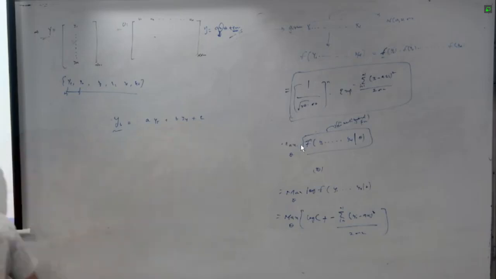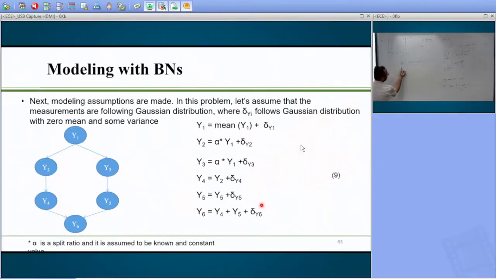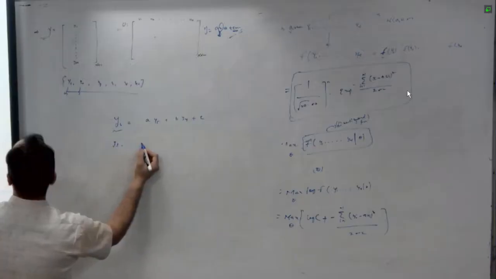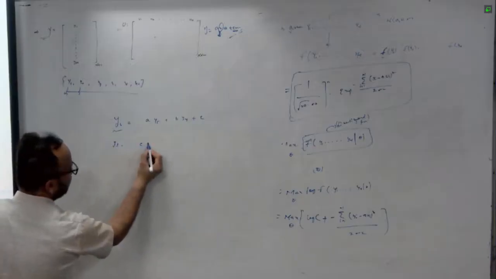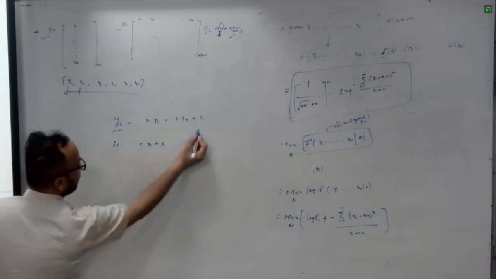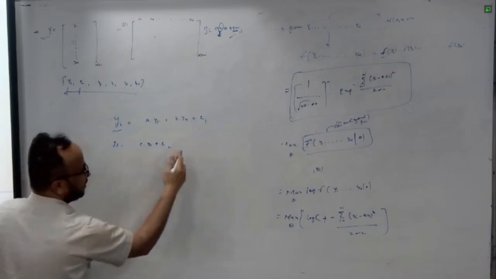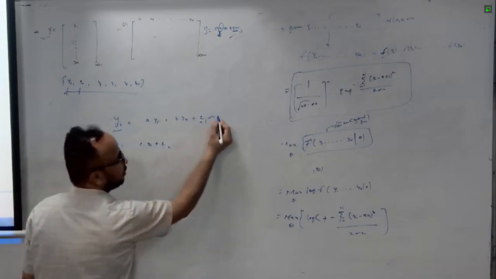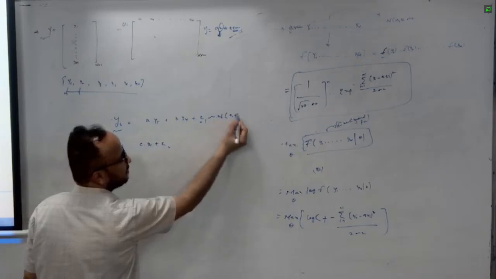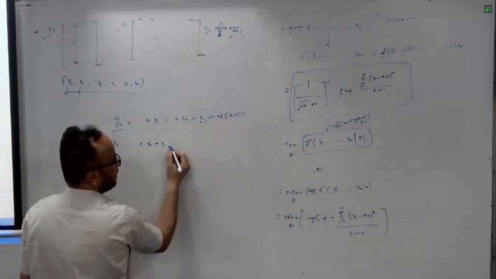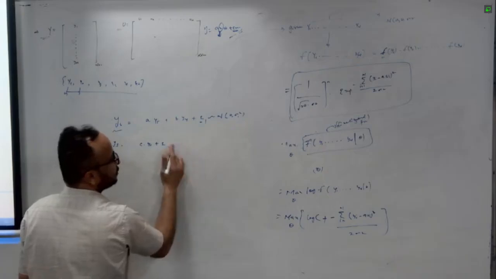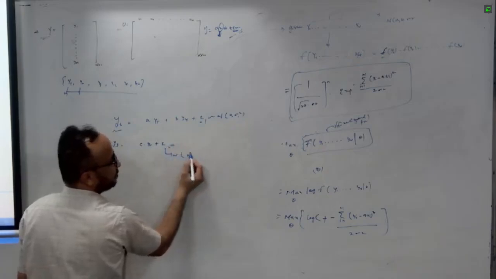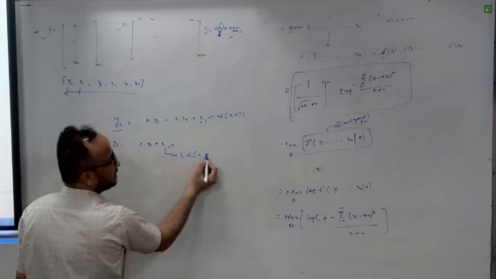So this is a simple linear model structure. Now in the same way, I'll look at y5. y5 is another model, equal to c times y3 plus some uncertainty, epsilon 1, epsilon 2. This uncertainty follows a Gaussian distribution with some mean and variance, and again you have a different uncertainty which follows a Gaussian distribution with 0 mean and some sigma 2.